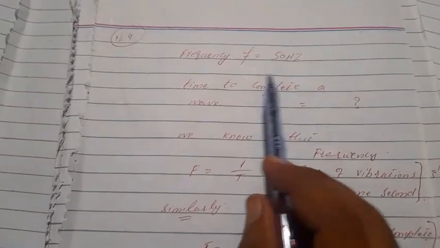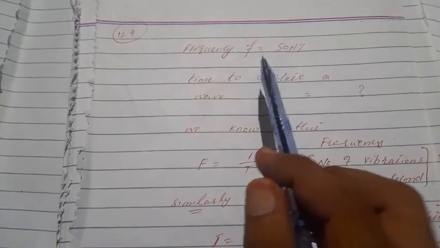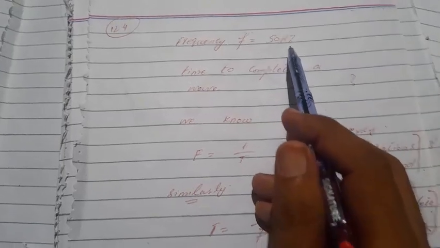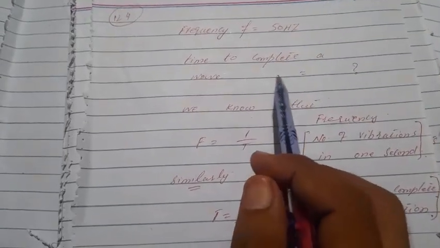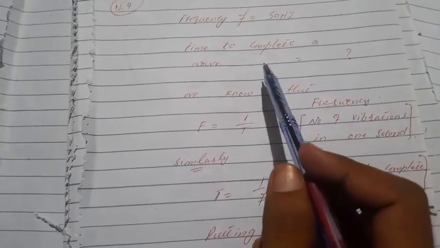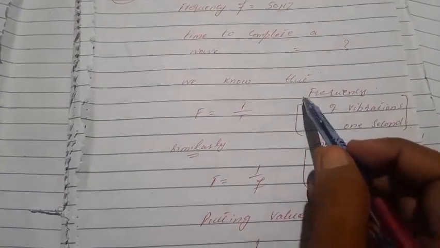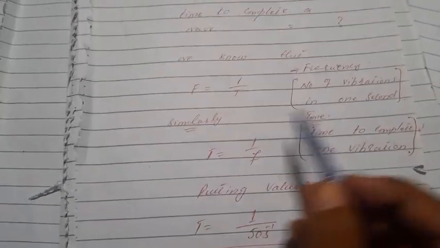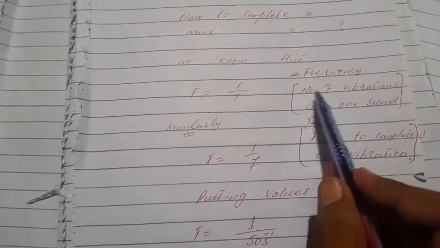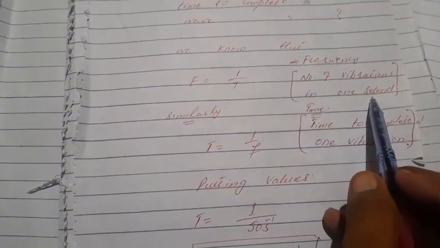Now we have question number 4, with the same condition: a wave which has a frequency of 50 hertz, and we are asked to find the time for the wave to complete one cycle. If we focus on the definition of frequency, it is the number of vibrations of an object in 1 second.